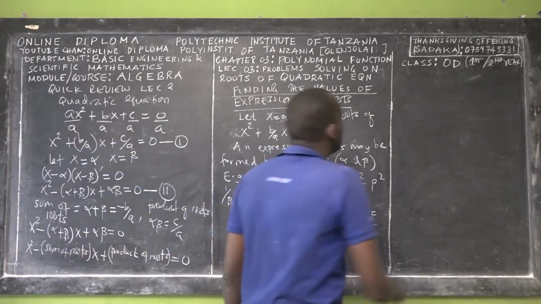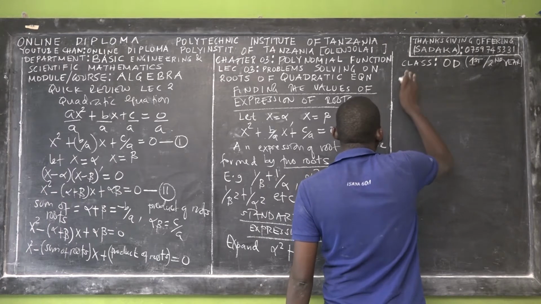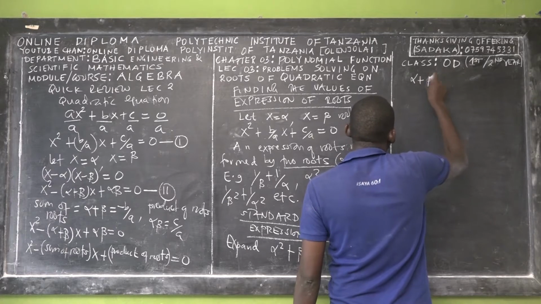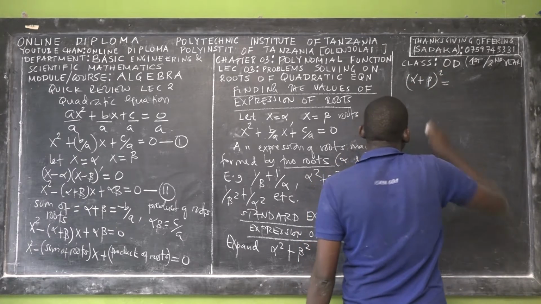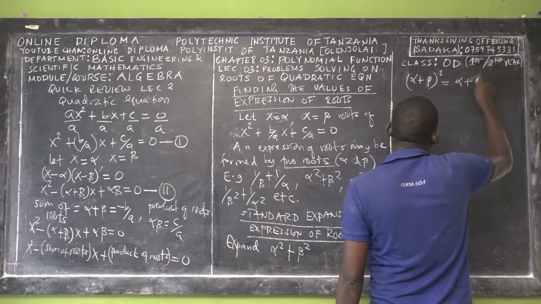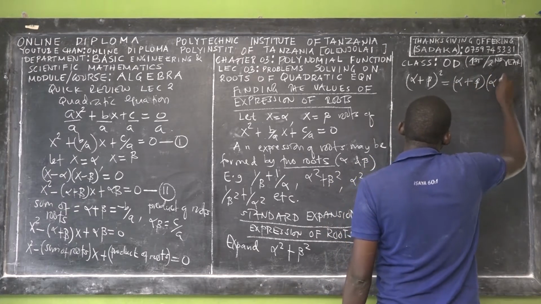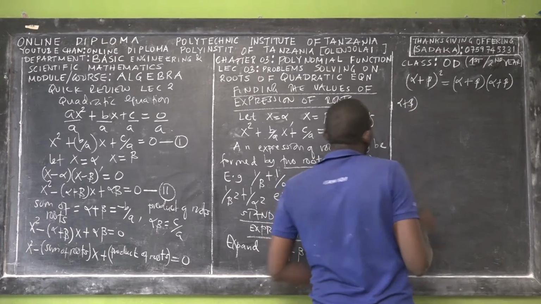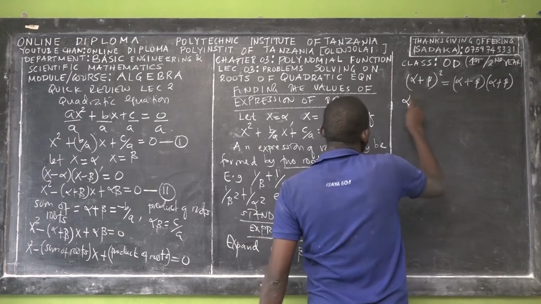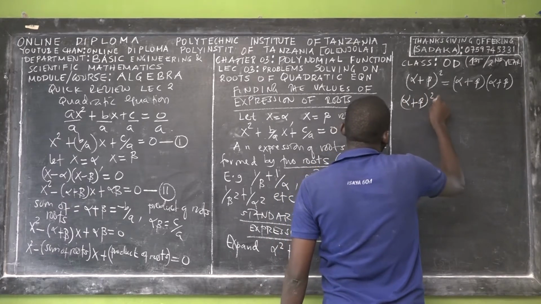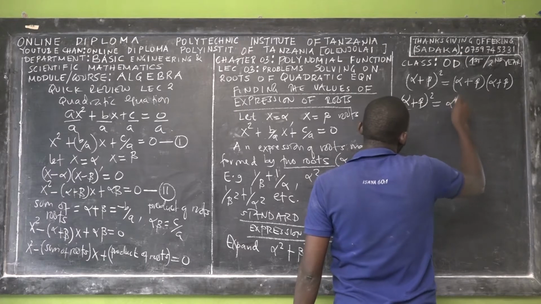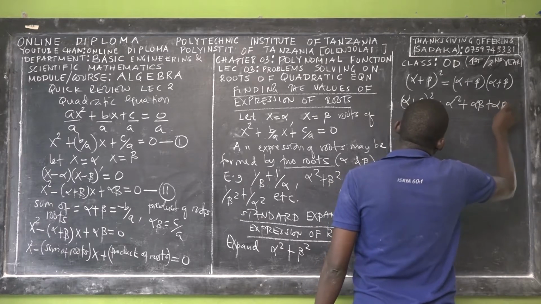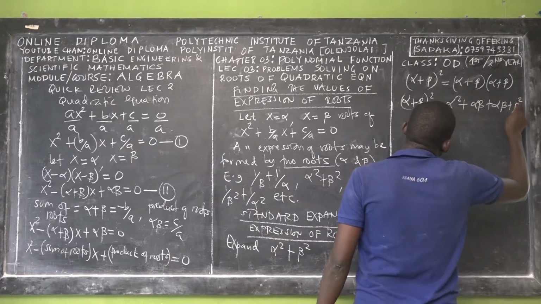Okay, how do we get it? We can get it from alpha plus beta squared. If you expand this, we have alpha plus beta times alpha plus beta. Alpha times alpha is alpha squared, alpha beta plus alpha beta, plus beta squared.